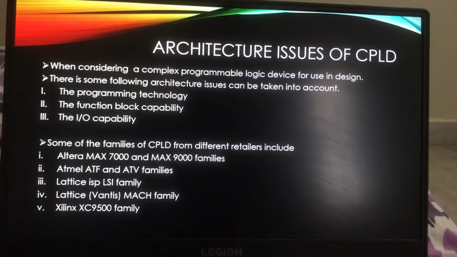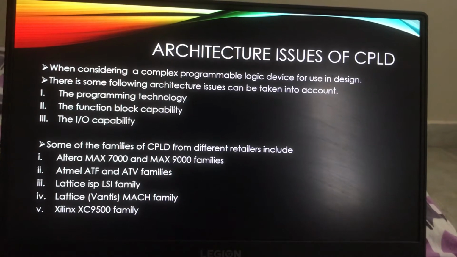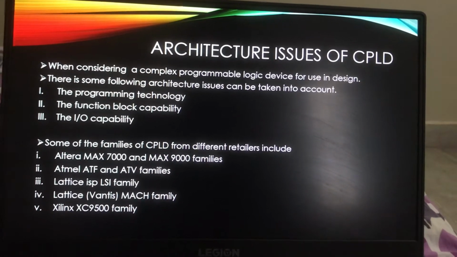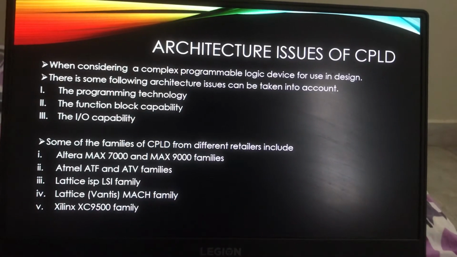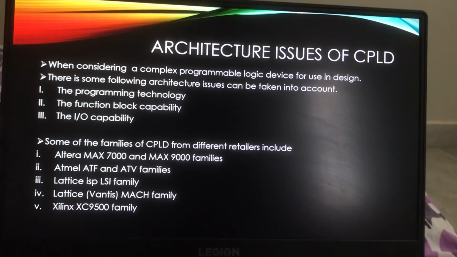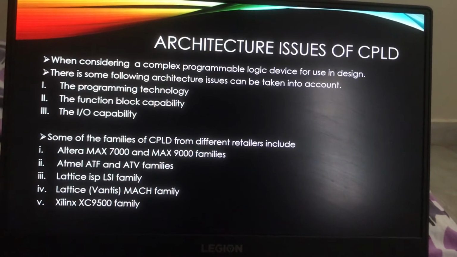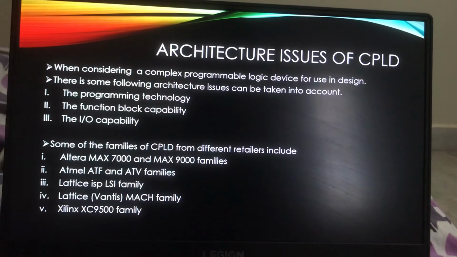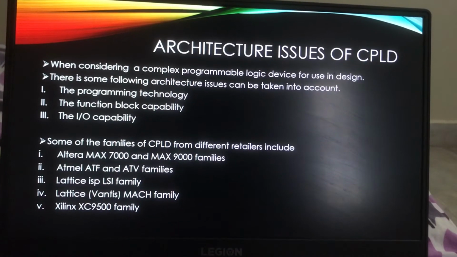Architecture issues of CPLD. When considering a complex programmable logic device for use in design, the following architecture issues can be taken into account: the programmable technology, the function block capability, the IO capability.